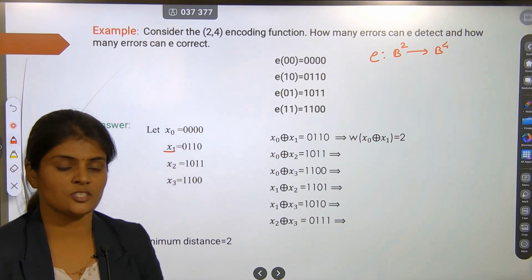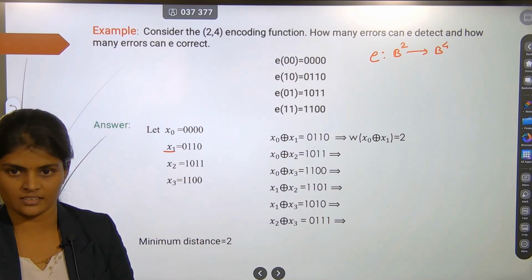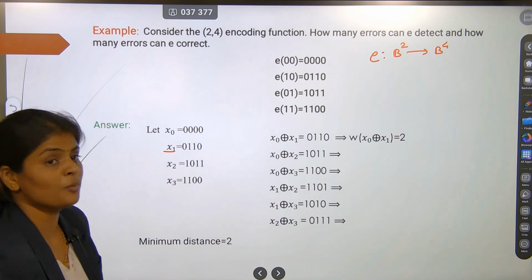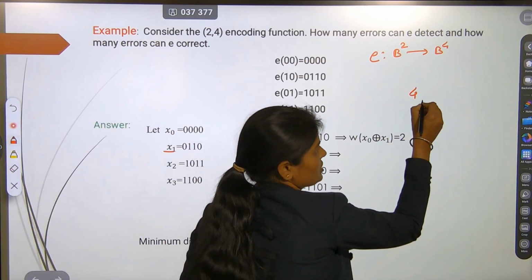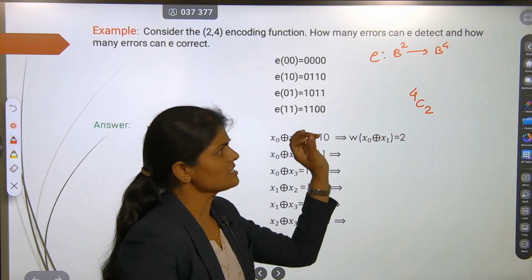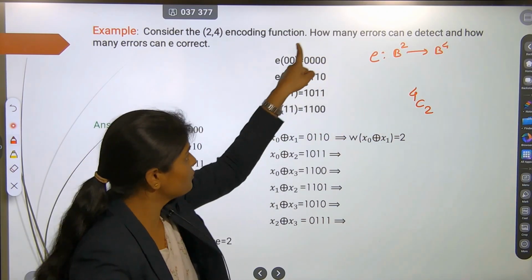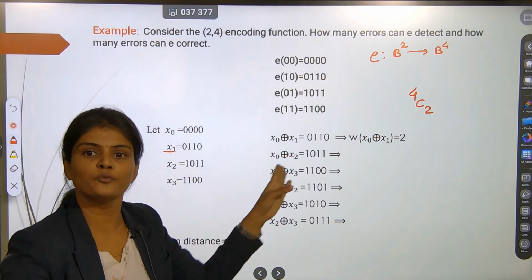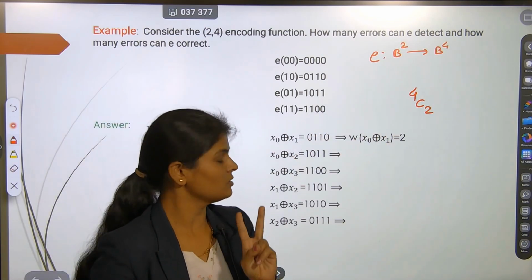For minimum distance we have to make distinct pairs. For distinct pairs, how many choices are there? We can find this with the help of the combination function. There are 4 images, or 4 code words, and from these 4 code words we have to make a pair.